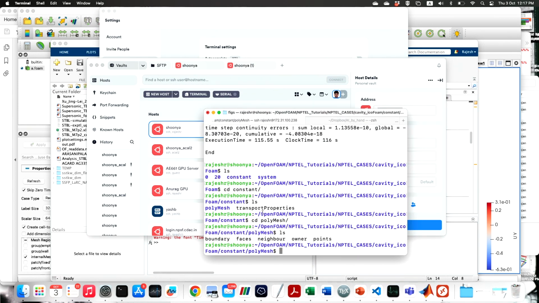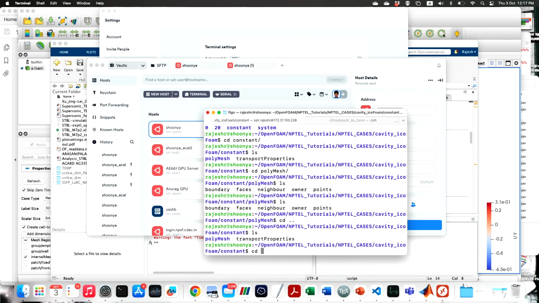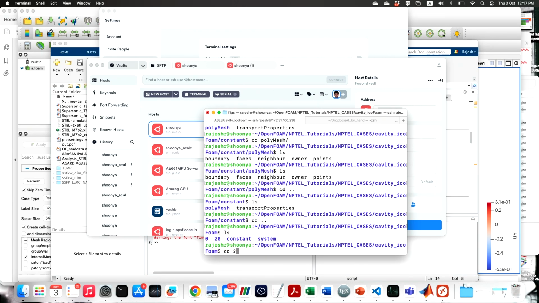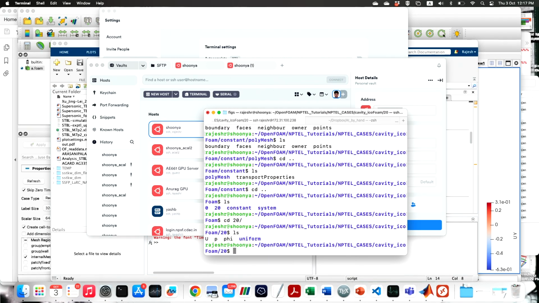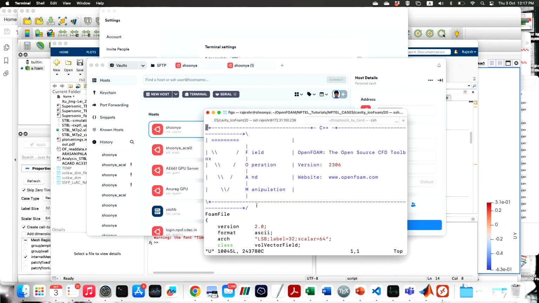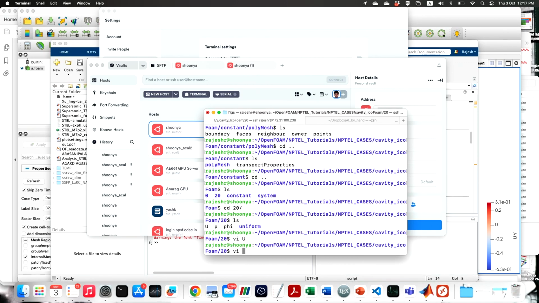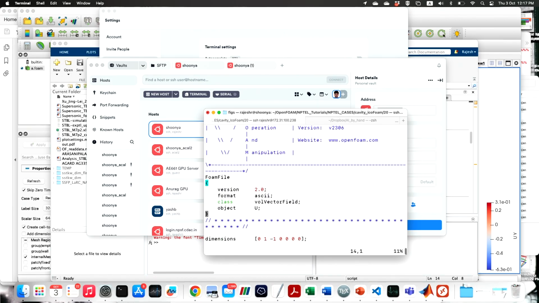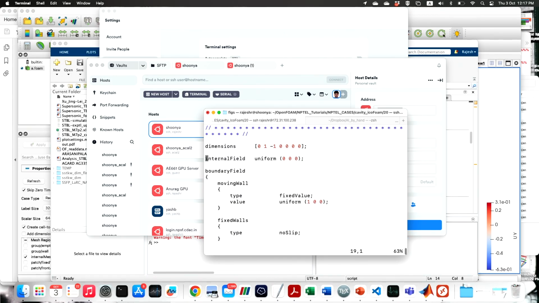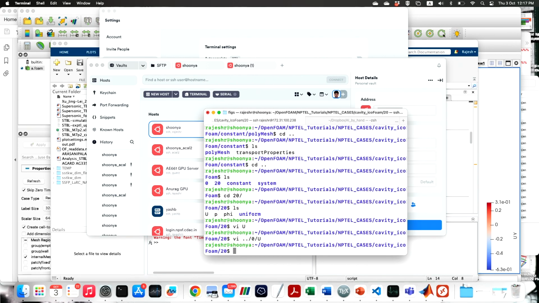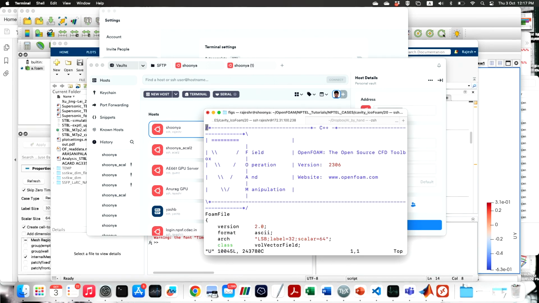You can see here, this is there for 20, and at every time you can see that it has created u. This is where we had started. If you look at the file at 0, you had given some velocity which was uniform 0 0 0 in the internal field, but with time it developed, and now you have this new velocity field.